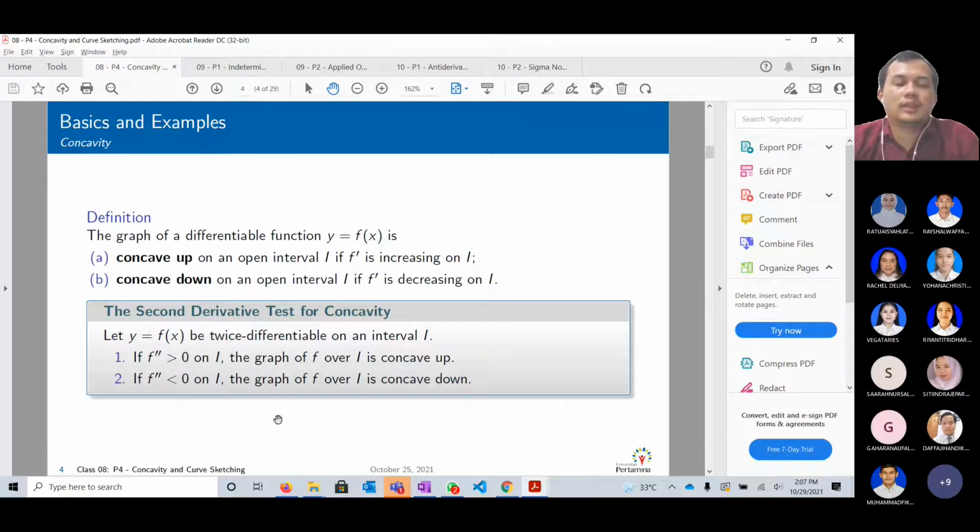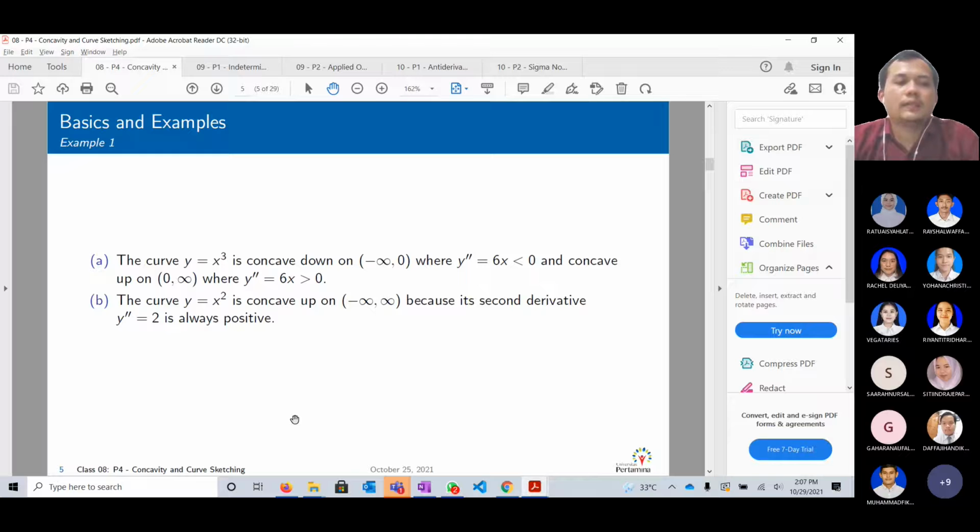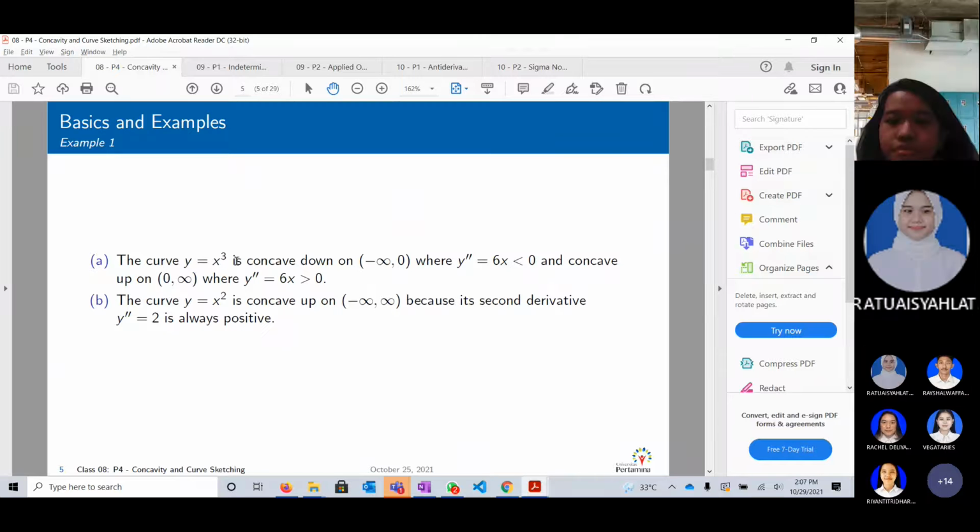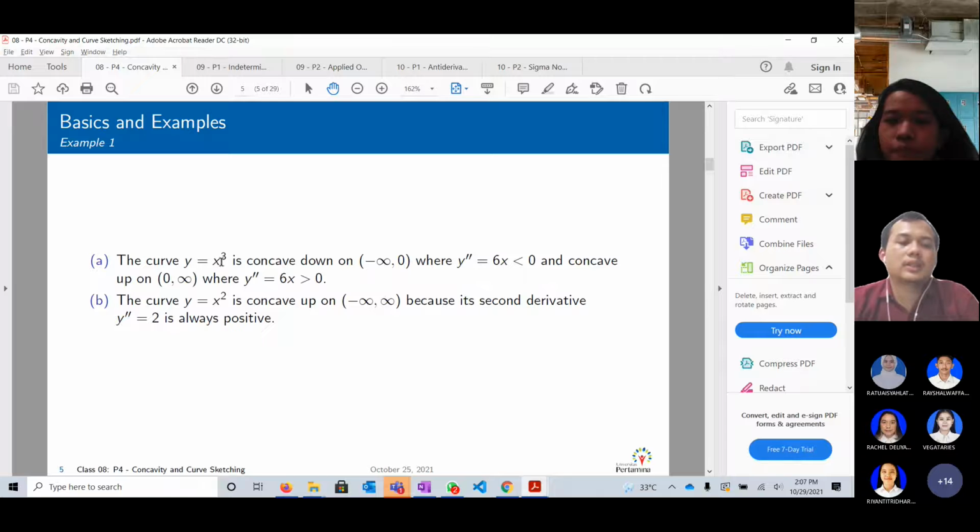For example, the curve of y equals x cubed is concave down on minus infinity to 0 and concave up on 0 to positive infinity. Why? Because the second derivative of x cubed is 6x.